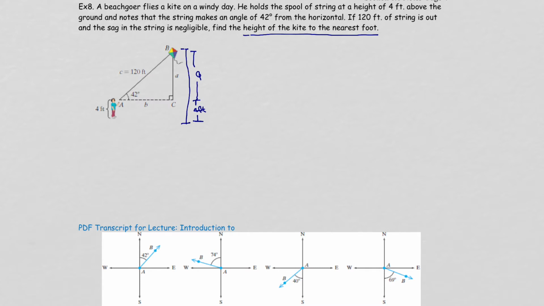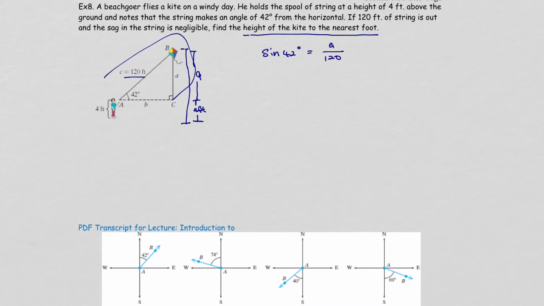How do we find A? Because the hypotenuse is given, we can use sine to find it. So we'll say sine 42 degrees equals A over 120 feet.